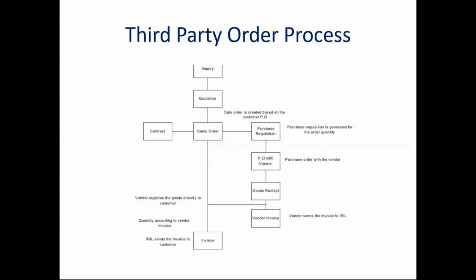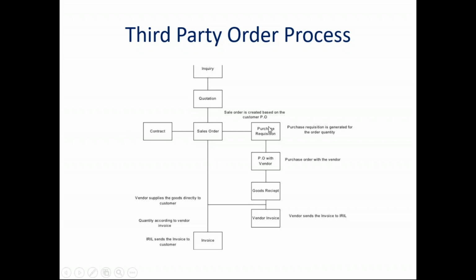If the item category for the item in the sales order is determined as TAS, then what will the system do? The system will change the process.